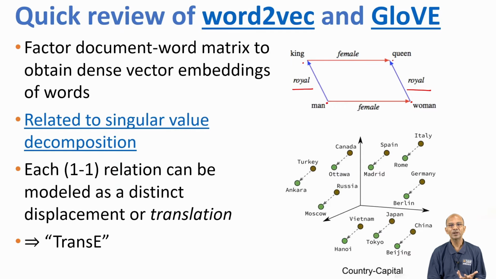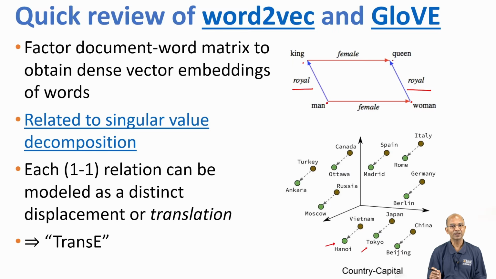And this is not only true of this specific relation. During the embedding, it was found that there are very often approximately parallel translations between two entities which are related by the same relation. For example, here we see brown colored nodes which represent countries such as Russia and Canada and Spain, and the green colored nodes which represent cities.